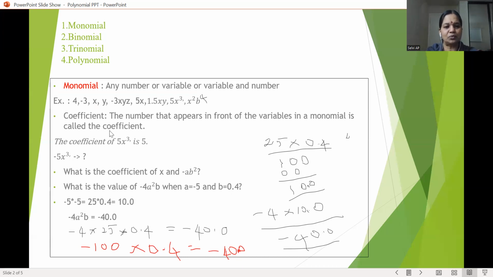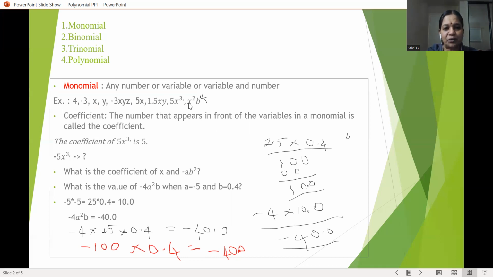Okay. So then we'll see what is coefficient. Coefficient means in front of the variable some number appears, right? This is known as coefficient. Minus 3xyz, the coefficient of xyz is minus 3. Look at this example. In front of x and y, some number appeared, right? 1.5 is known as the coefficient of xy.